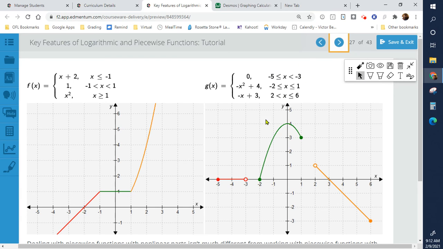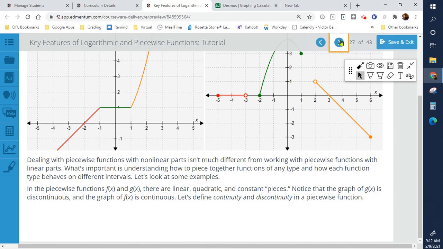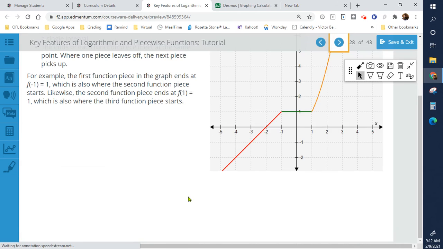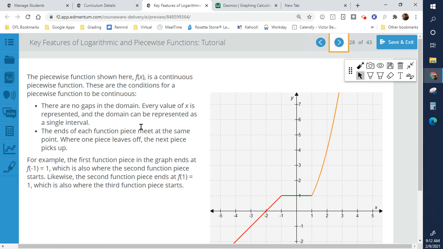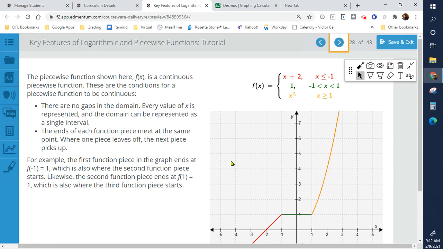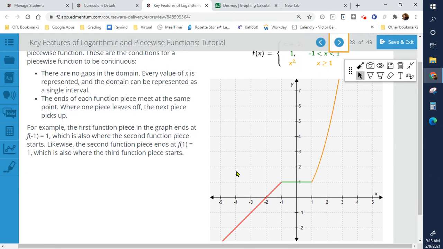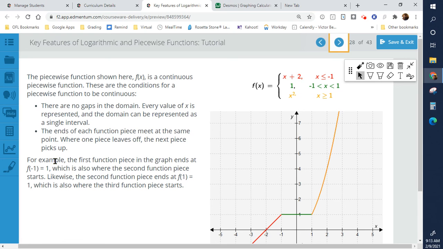All we know is that x is an input, our independent variable, and y is dependent on that. So this changes based on the time period. We're going to talk about these characteristics: when does it increase, when does it decrease, when does it start, when does it stop. These are all key features of the function.